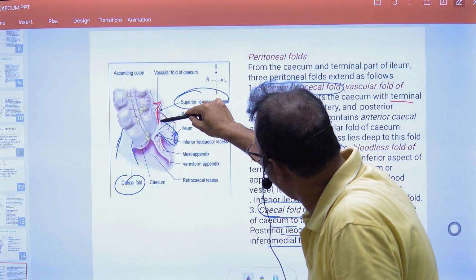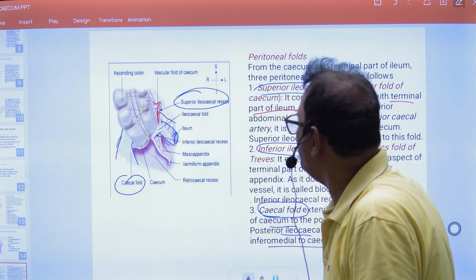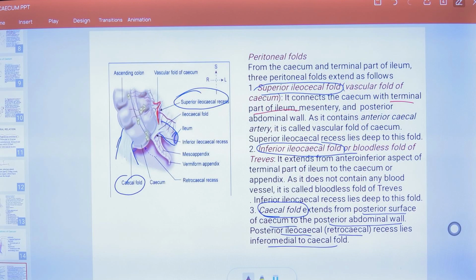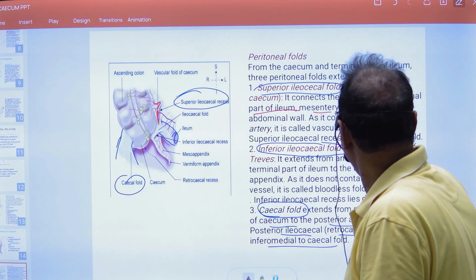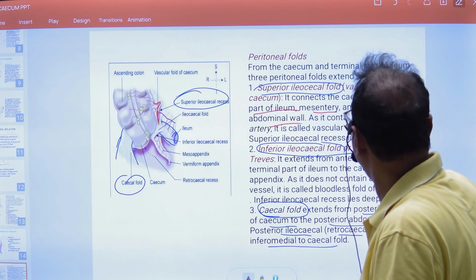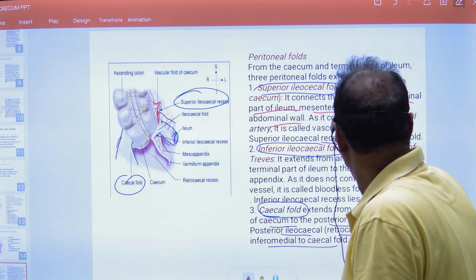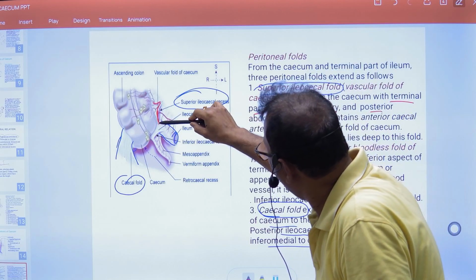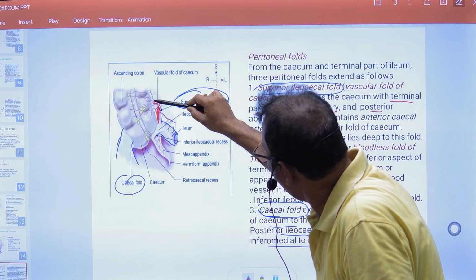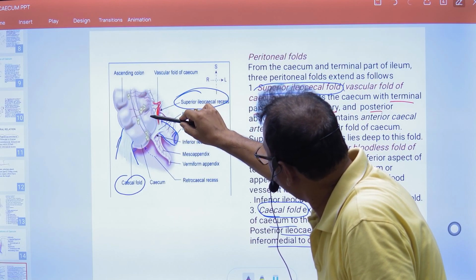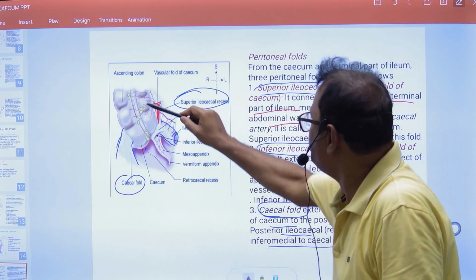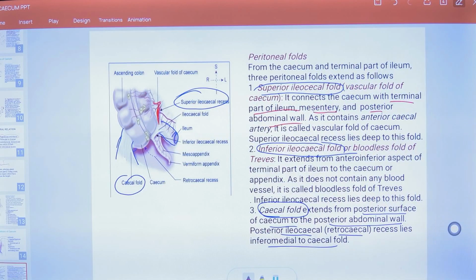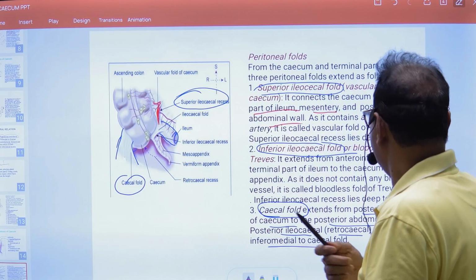This is the beginning of the ileum. So it connects the beginning of the terminal part of the ileum, the mesentery, and the posterior abdominal wall. It will go to the posterior abdominal wall and connect the cecum with the ileum, and of course it will connect it to the mesentery also.